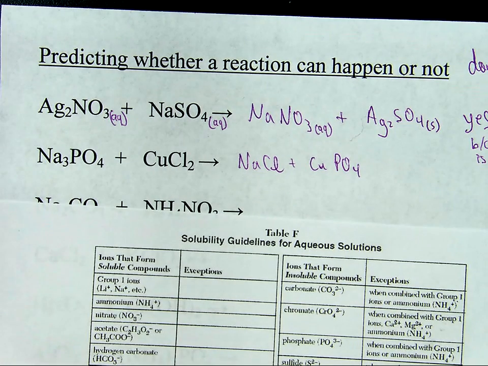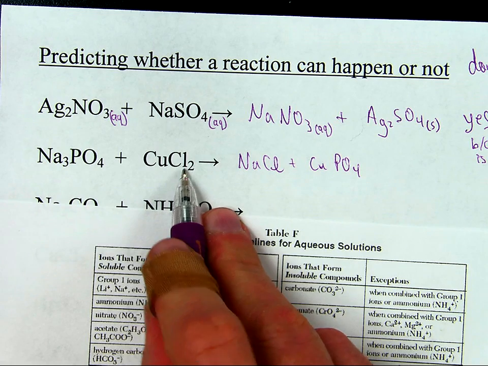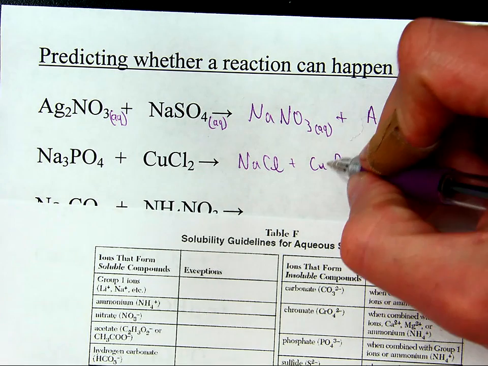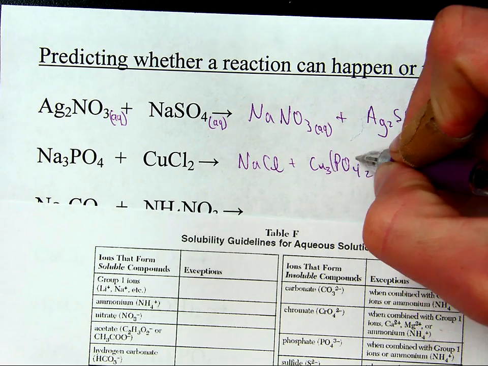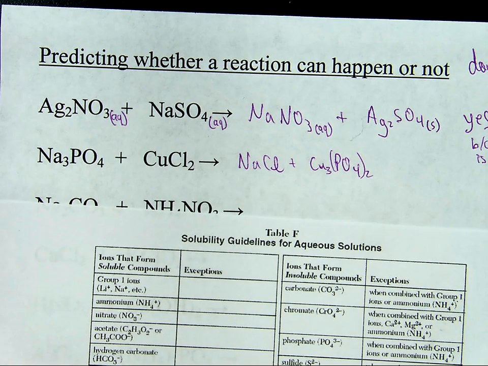Now, copper's got a +2, phosphate's got a -3, so that would be the formula.